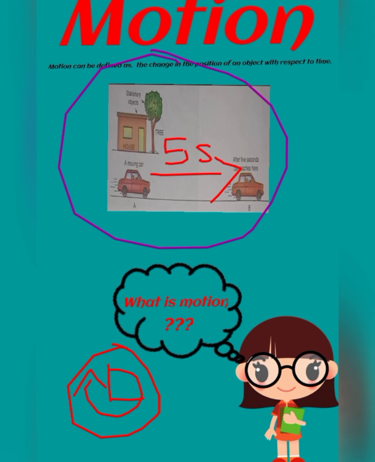Alright, on the other hand, consider that inside the same car, you'll notice that your position is not changing with respect to the driver or co-passengers. Like if you're traveling in a car with your parents and the driver, you'll notice that your position is not changing with respect to the driver or the co-passengers, who are your parents or maybe your friends.